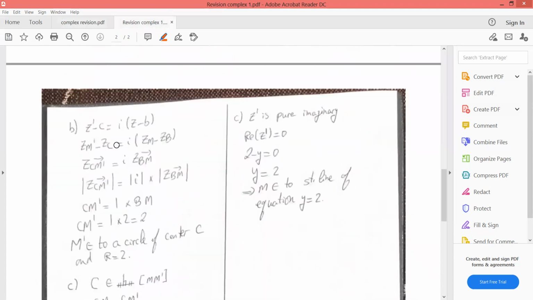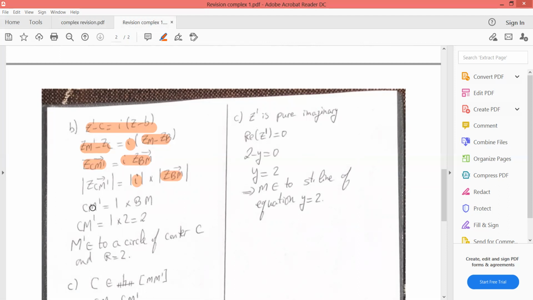I can put z prime minus c, which we have proved in the previous part of part A. So z m prime minus z c equals i times z m minus z b. It becomes z c m prime equals i into z b m. Taking the modulus of each side, the modulus of z c m prime equals the modulus of i times the modulus of z b m.